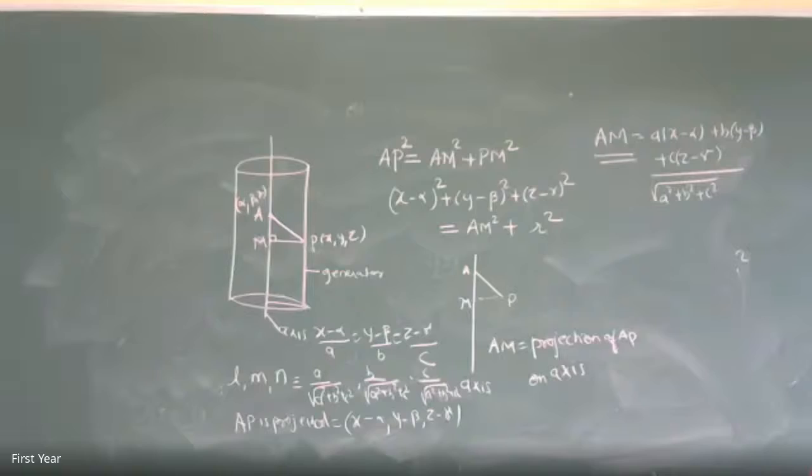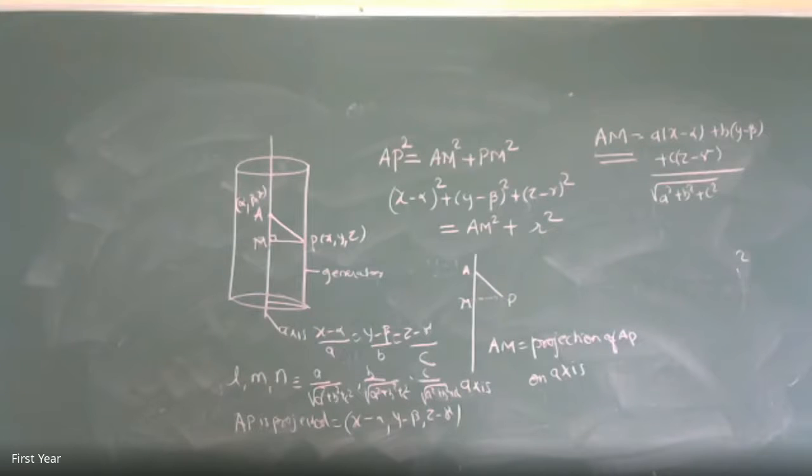Ma'am, when we took the projection of AM, we wrote the direction cosines in the form of direction ratios, right? Why can't we write L into x minus alpha plus M into y minus beta plus N into z minus gamma upon under root L square plus M square plus N square?